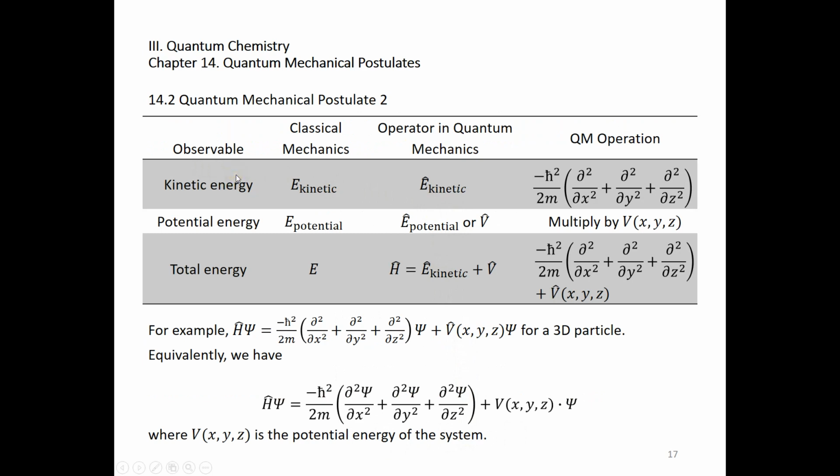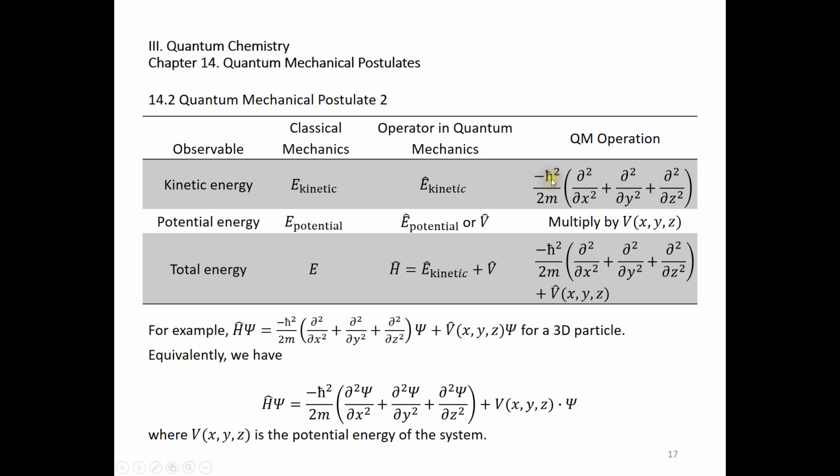There are many more observables in physics, like kinetic energy, potential energy, and total energy. In classical mechanics, the kinetic energy of a particle is half mv squared. In quantum mechanics, we have a notation here. We put a caret on top of this E sub kinetic. What's the corresponding operation? Well, it gets more complicated.